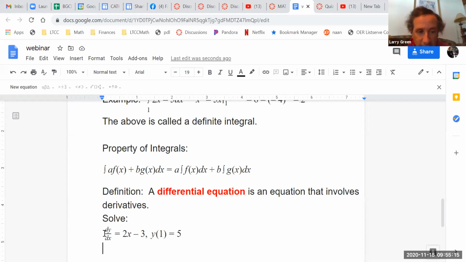This says the derivative of a function is equal to 2x minus 3. Well, if we know the derivative of the function is 2x minus 3, how do you find the function? In one word. And you have a choice of 2 different one words that we've had in this class today. Yeah, so one of the words is antiderivative.